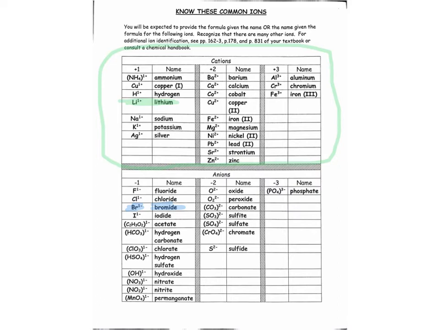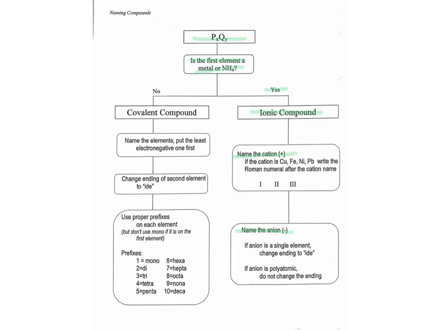You'll notice that all of the elements that are what we call monoatomic, they're by themselves, like chlorine or iodine, we change the ending of those to -ide. That's what it's talking about when you look at this. Name the anion: if it's a single element, we change the ending to -ide. If it's polyatomic, we don't change anything to the ending. We just write it as it is off of that ion sheet.